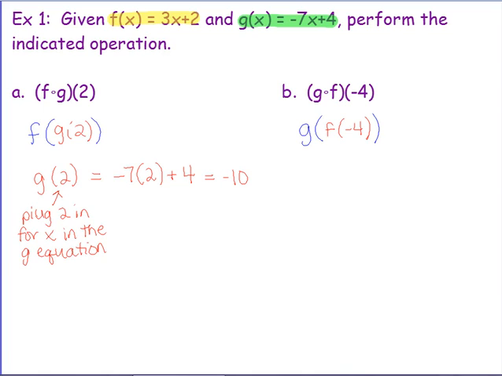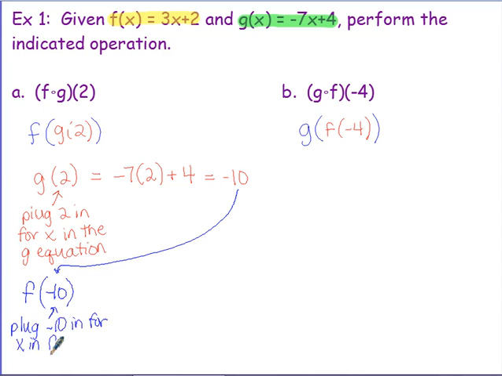Our blue part starts off with f. All it means is this answer right here is going to go in the parentheses now. It's now f of negative 10. And this simply means plug negative 10 in for x in your f equation.